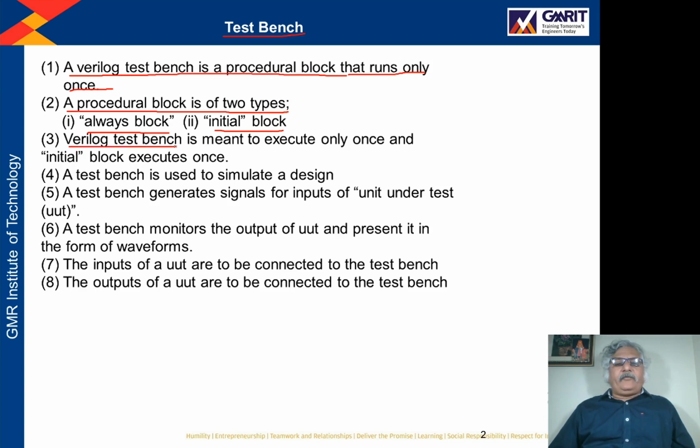A Verilog test bench is meant to execute only once, and for that we have the initial block, which executes only once. A test bench is used to simulate a design; for the simulation purpose we require a test bench.